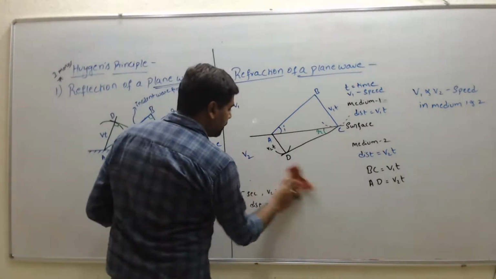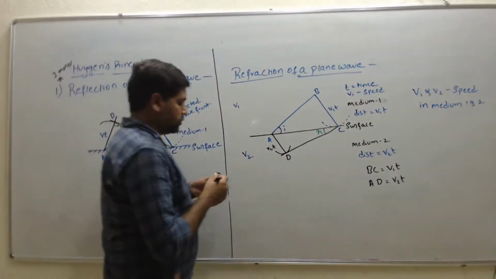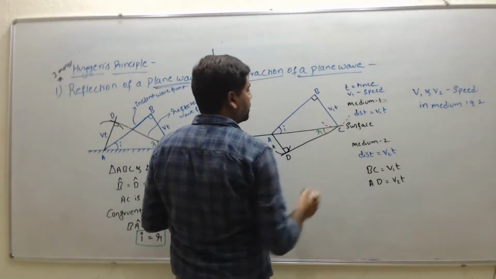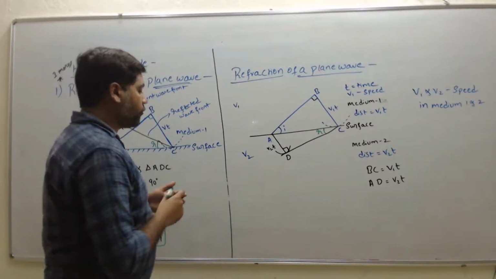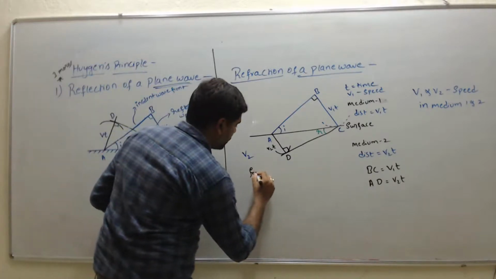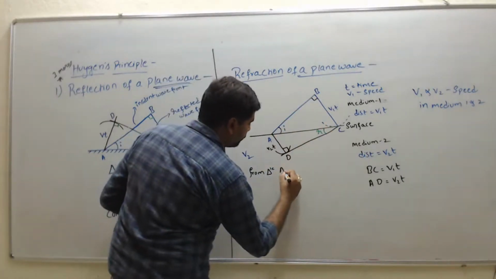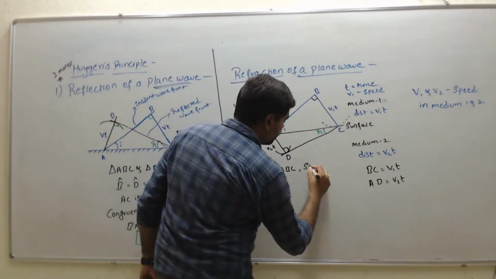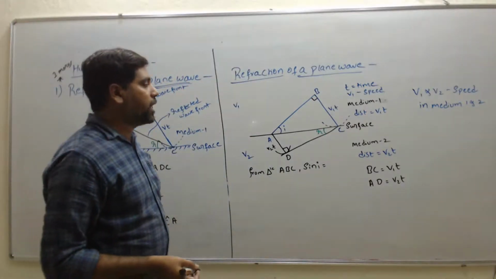Then from triangle, here this one is 90 degree and here it is 90 degree because we are drawing the perpendiculars. So from triangle ABC, sine I is equal to opposite side by hypotenuse.